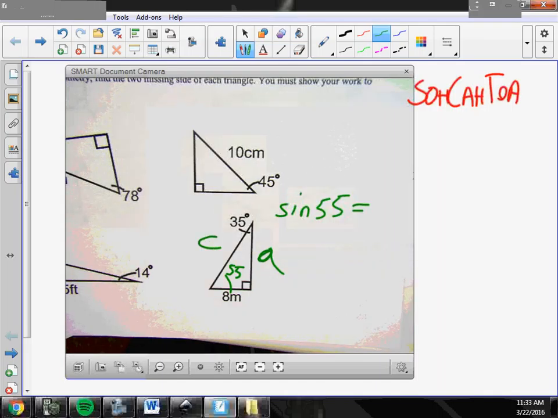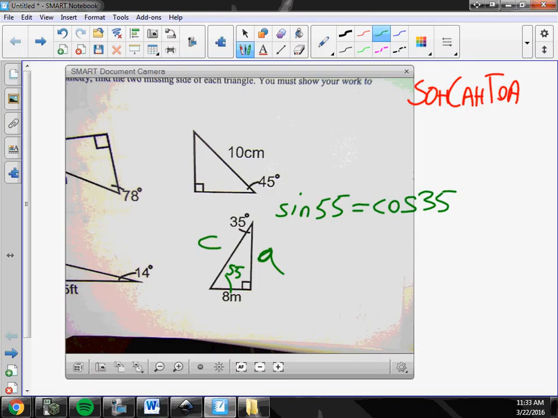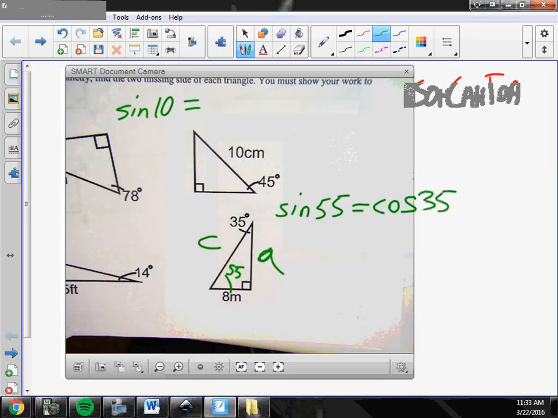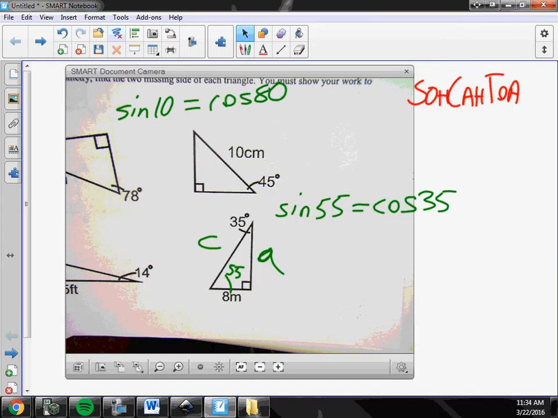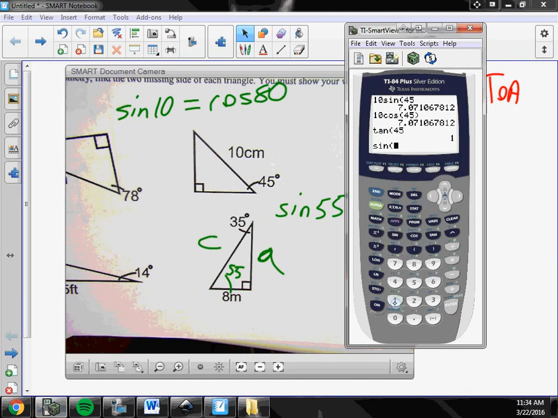But that's equal to the cosine of 35, which is also A over C. So the sine of 10 is equal to what cosine value? Well, if 10 is on one side of the triangle, what's the other angle? 80. The cosine of 80. Let me show you. The sine of 10 is 0.17. The cosine of 80 is 0.17.